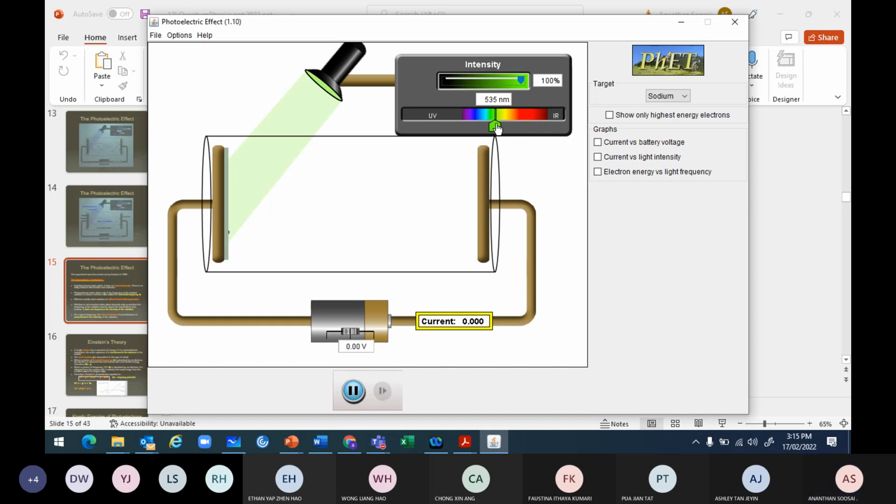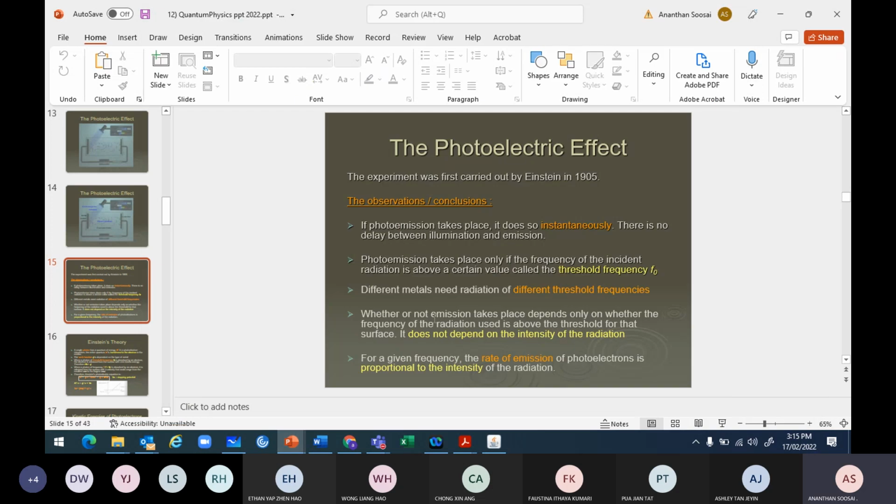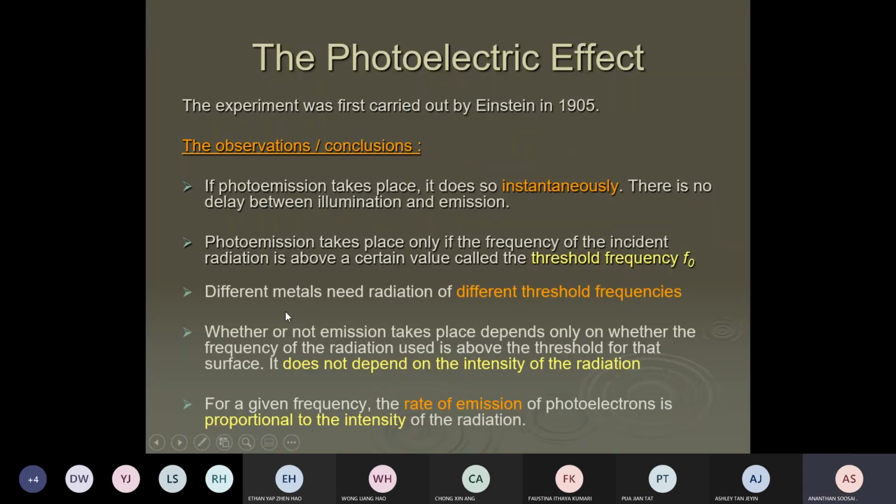A wavelength of 535 releases electrons. If you use a different metal, it depends on the bonding of the electron. If the bonding is stronger, the threshold frequency rises. So different metals need different threshold frequencies.